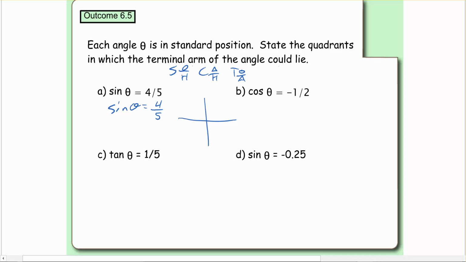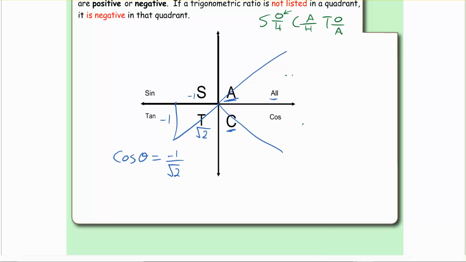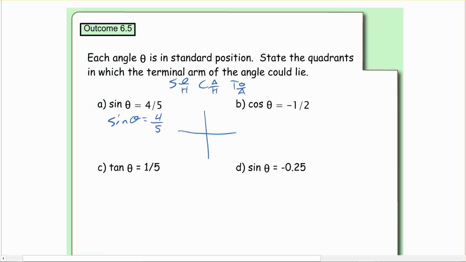So 4 is my opposite, 5 is my hypotenuse, and it's positive, right? The thing that I'm looking for here is that there's no negative sign in front of that, it's positive. So a couple ways that you could think about this. First off, I can say, well, sine's positive, so it must be in either quadrant 2 or quadrant 1, because that's what my little CAST rule says. So it's going to be 2 and 1.